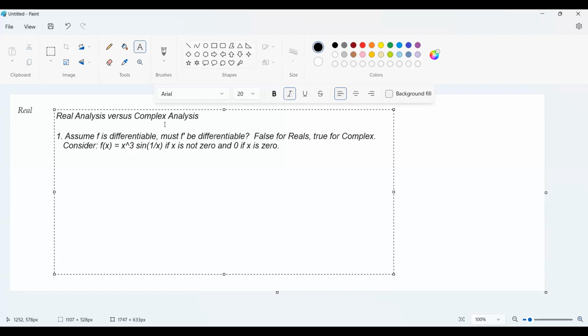This function is clearly continuous. It's clearly differentiable everywhere except x equals 0. How do we determine if it's differentiable at x equals 0?